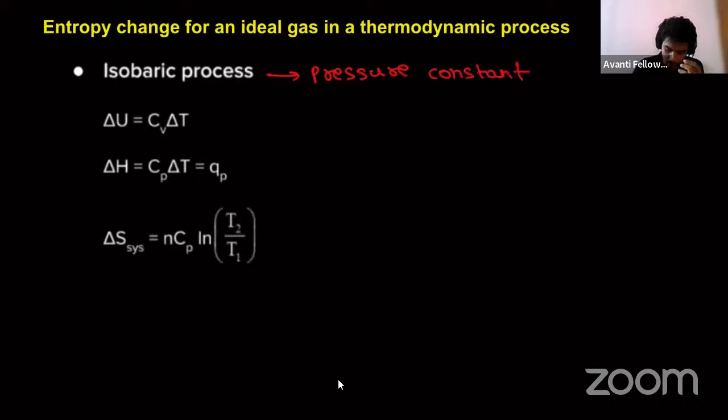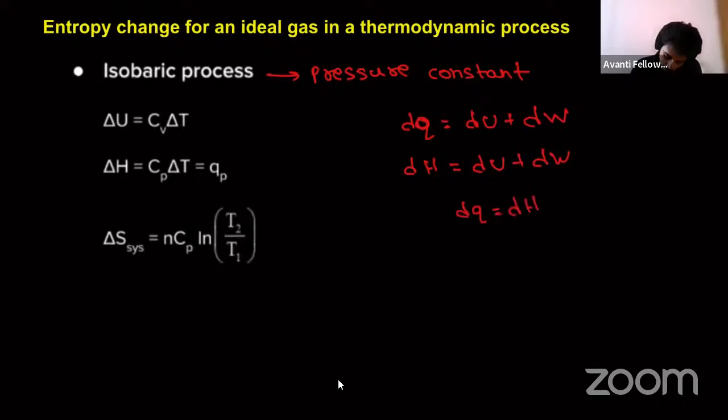Now, if pressure is constant, then which term can be neglected, or what is the new term you can introduce here? Now, as you know, dq is equal to dU plus dW. The same thing, where at constant pressure, delta H is also equal to dU plus dW. So we can write dq is equal to dH.